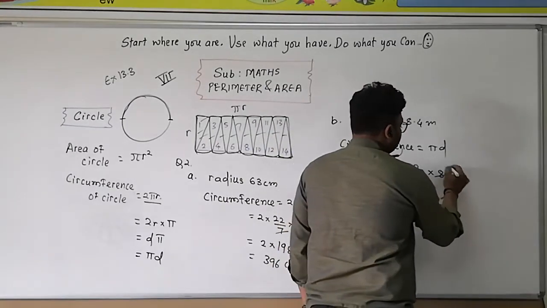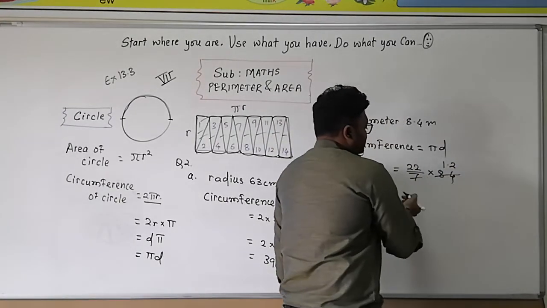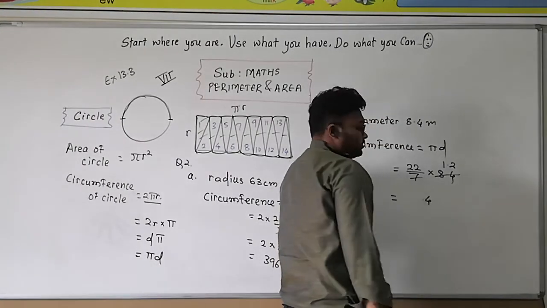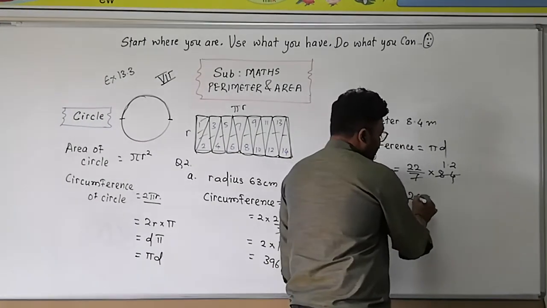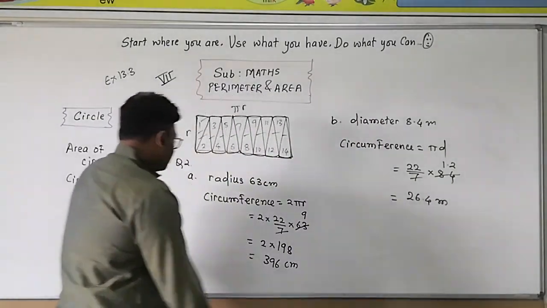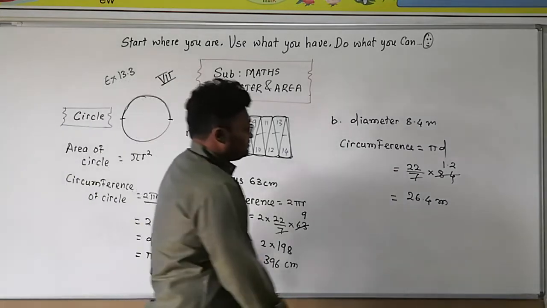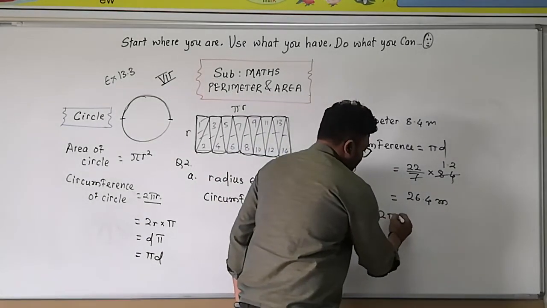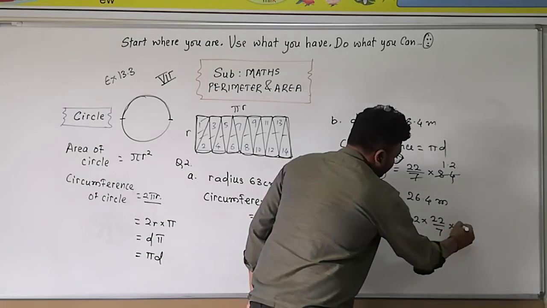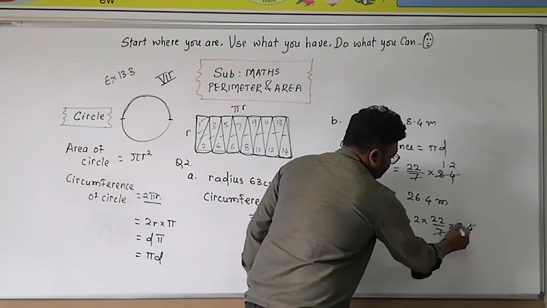It is 1.2. So 22 into 1.2: 22 twos are 44, carry 4, 22 ones are 22 plus 4, 26. So 26.4 meters. If you want to check, you can use this formula also: 2 pi r is equal to 2 into 22 by 7 into radius.